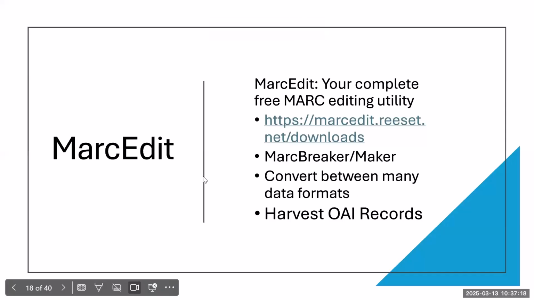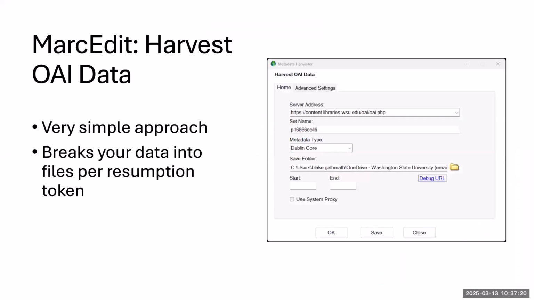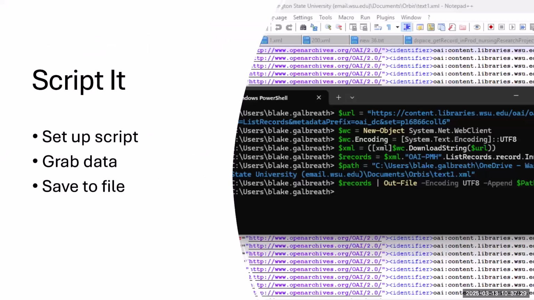This is the same thing here, just a screenshot of that. And as I said, it breaks your data into files per resumption token. Okay. The last thing that I wanted to mention is that now that you have those URLs at your disposal, you can just create a script yourself as well, right?